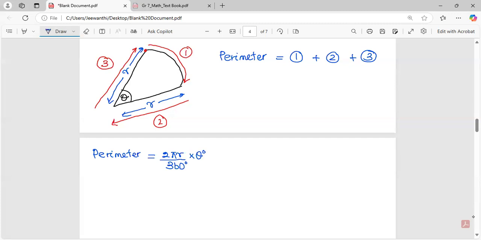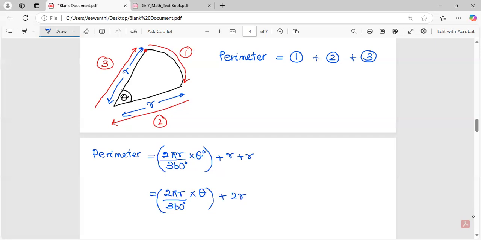It is the same thing we did with the area, but the equation is not πr squared, this time it is 2πr. For that, I add r plus r. Then I simplify this to 2πr over 360 into theta, and that is part 1.